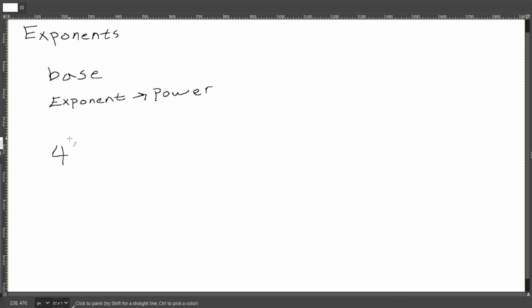Now the exponent would be the little number on top. Now one of the biggest mistakes that I see people make is they want to say this is 4 times 2. But you got to think logically. We already have something that looks like 4 times 2. This is what 4 times 2 looks like. So we would never write it as 4 with the little 2 on top.